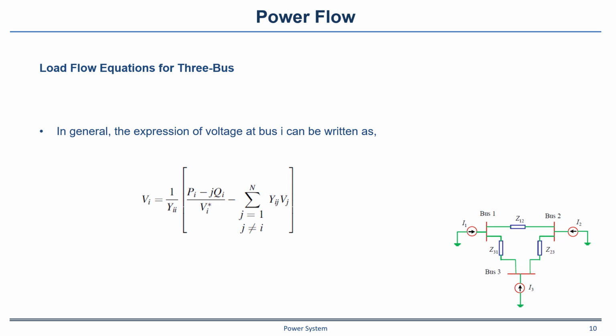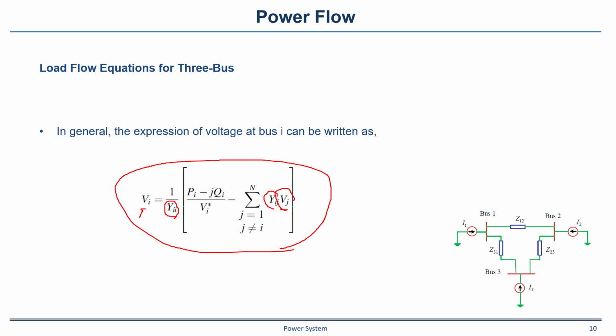And so in general, we can make this same expression for finding the voltage at bus number i. Normally this is a known value, this is unknown, and for solving this equation, we only know this one, and we don't know about these voltages, active and reactive power, all together.